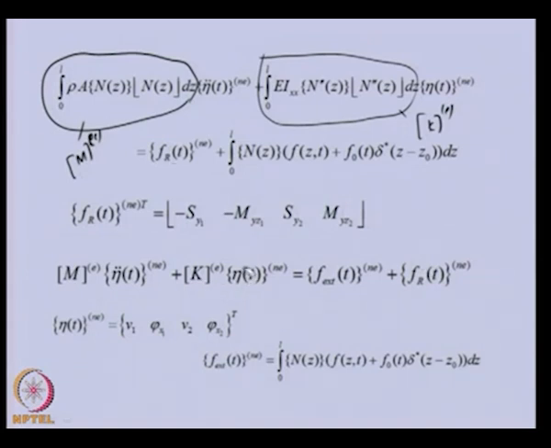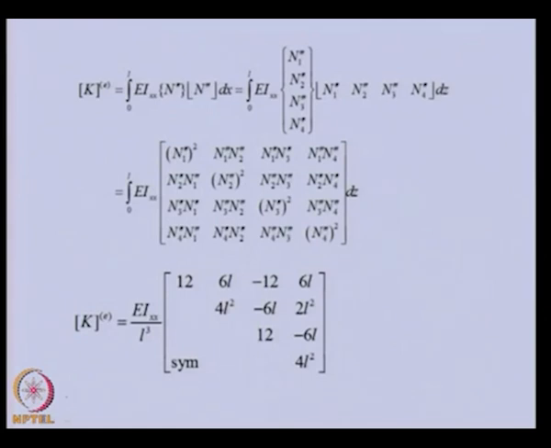These vectors are the nodal displacements. This external force we have already expressed like that. So you can see now we have got the finite element equation of the element, and now let us see the explicit form of the mass matrix and the stiffness matrix.